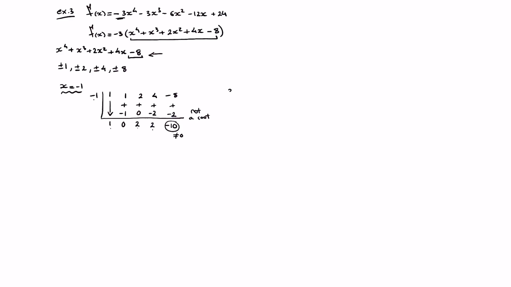We try x equals 1. Now, starting over with our coefficients, those were 1, 1, 2, 4, and negative 8. And at x equals 1, we carry down the 1. 1 times 1 is 1. 1 plus 1 is 2. 1 times 2 is 2. 2 plus 2 is 4. 1 times 4 is 4. 4 plus 4 is 8. 1 times 8 is 8.